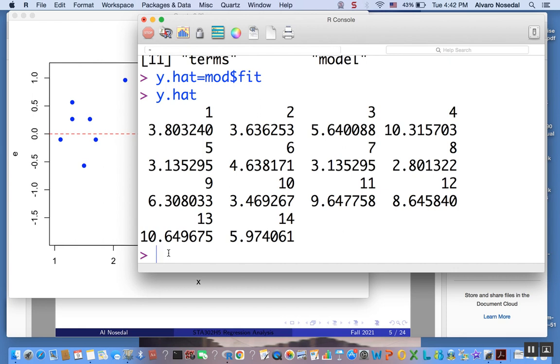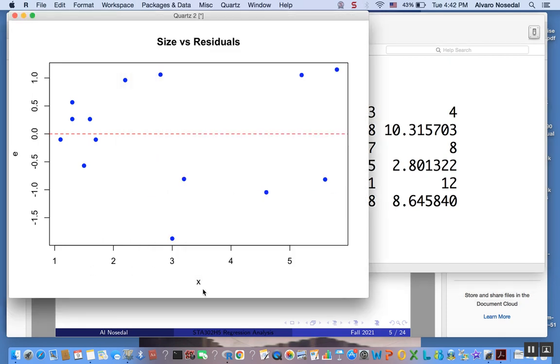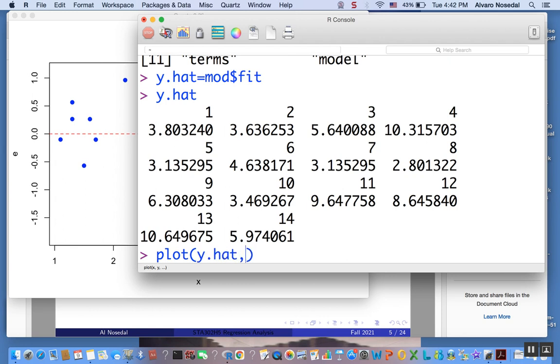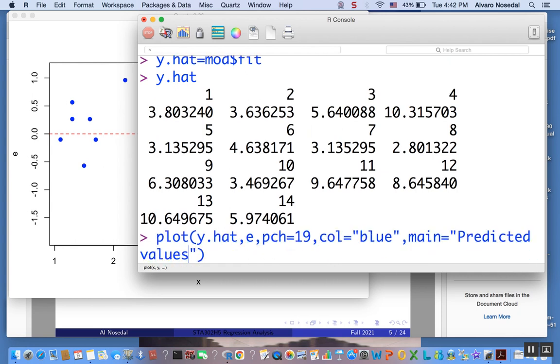Okay, so what we're going to be doing next is, instead of using on the horizontal the predictor variable, we're going to be using y hat against residuals. Again, solid circles, I like those. I like the color blue. And how about we add a main title that reads, I don't know, predictive values against residuals.